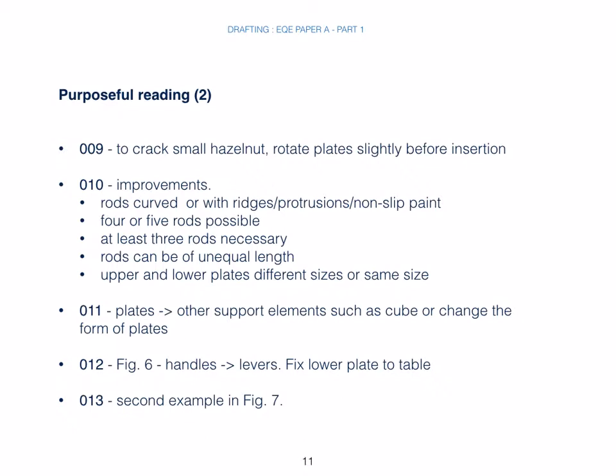I have not had time to make a prototype of this nutcracker, so I tried to solve the problem in a different way. I screwed the lower plate 2 of the nutcracker shown in figure 1 to a table. In this way, I was able to rotate the upper plate 1 using both hands, which is easier than using only one hand. So against paragraph 12, I noted figure 6: handles forming levers can be used, and the lower plate can be fixed to a table.